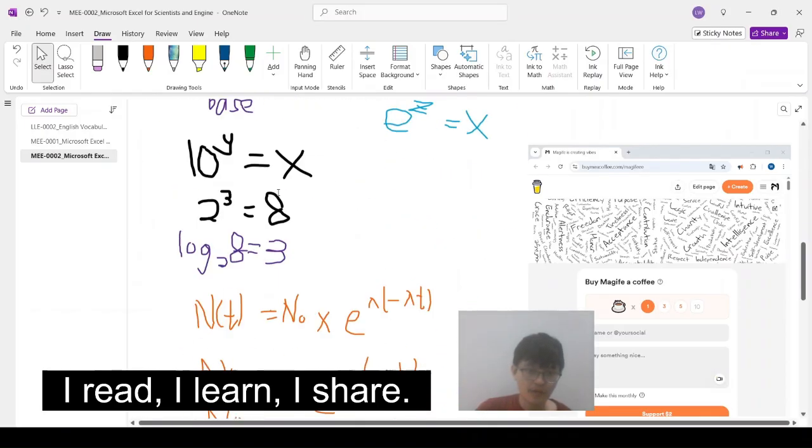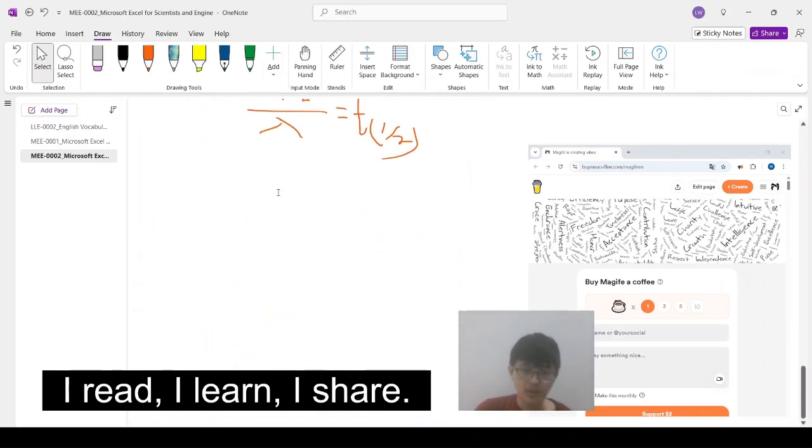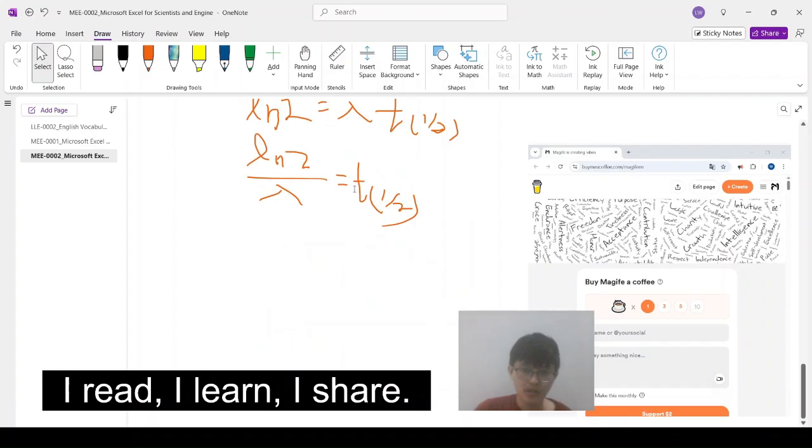So why is the half-life reduced? Because of this equation. This is the half-life, and ln 2 is a constant value. If this one is doubled, this one is increased, which means the answer is decreased, so the half-life is decreased.